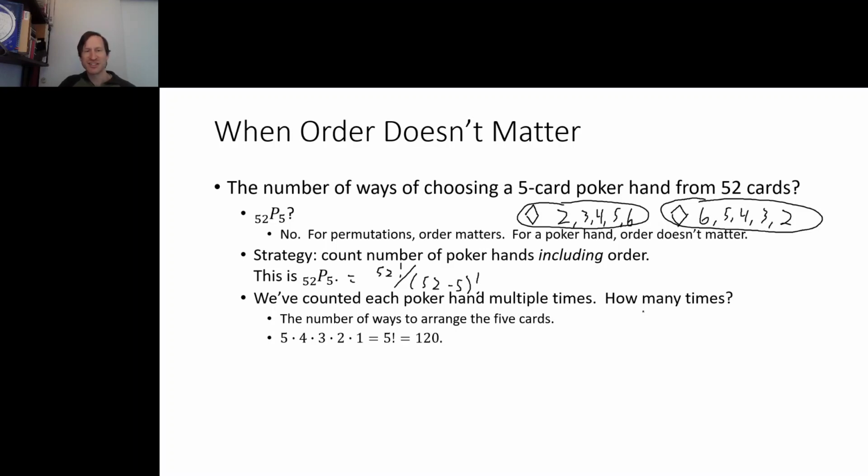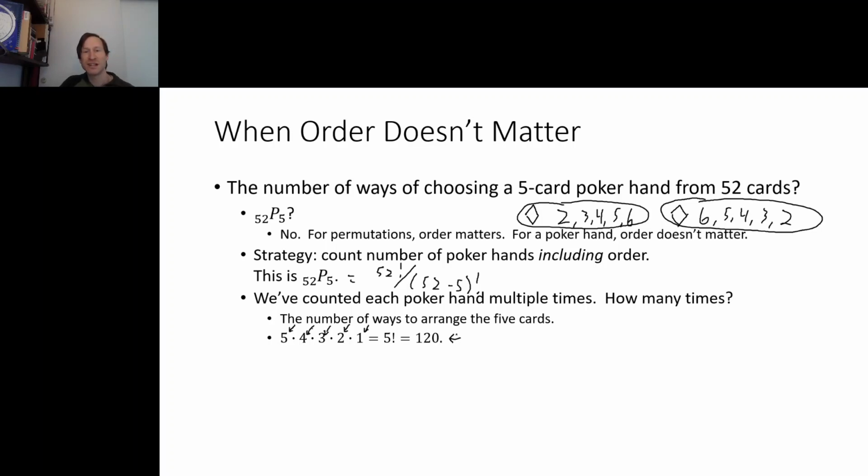There are 5 choices for which to put first, 4 choices for which to put second, 3 choices for which to put third, 2 choices for which to put fourth, and then for your last card, there's only 1 left, so there's only 1 choice there. And so that's 5 factorial, which happens to be 120. So this is the number of ways to arrange the 5 cards in your hand.